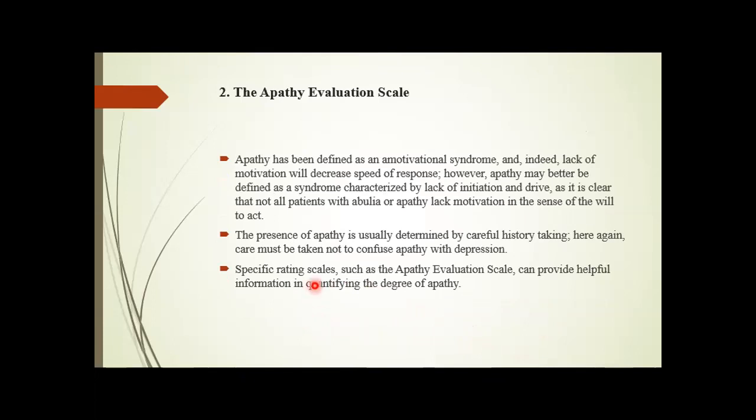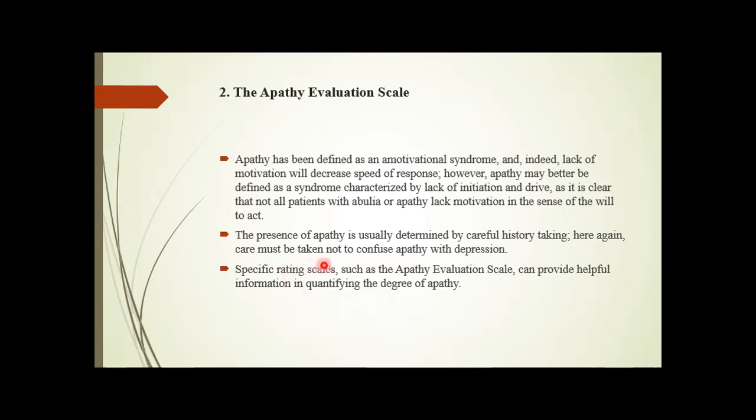Second is the apathy evaluation scale. Apathy has been defined as an amotivational syndrome, and indeed lack of motivation will decrease speed of response. However, apathy may better be defined as a syndrome characterized by lack of initiation and drive, as it is clear that not all patients with abulia or apathy lack motivation in the sense of the will to act. The presence of apathy is usually determined by careful history taking.